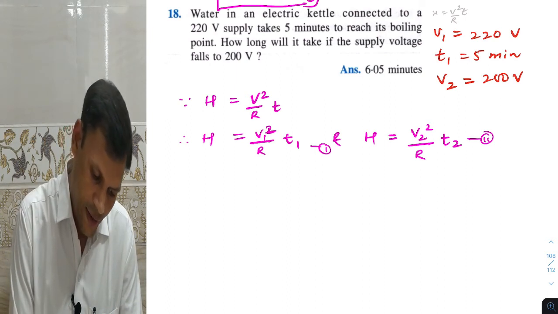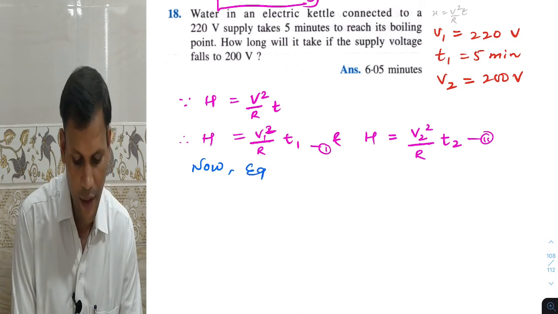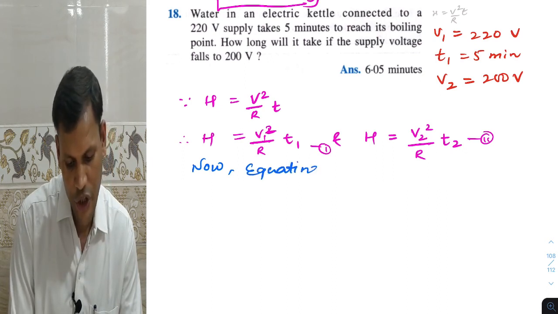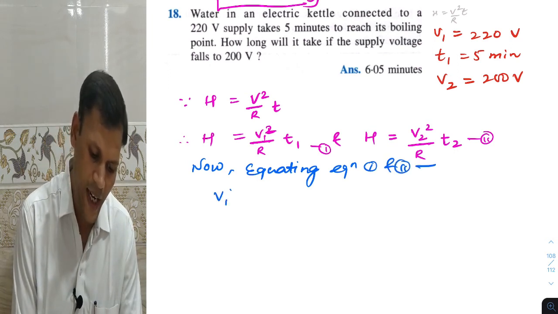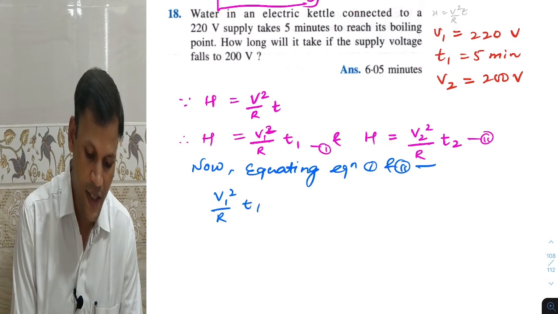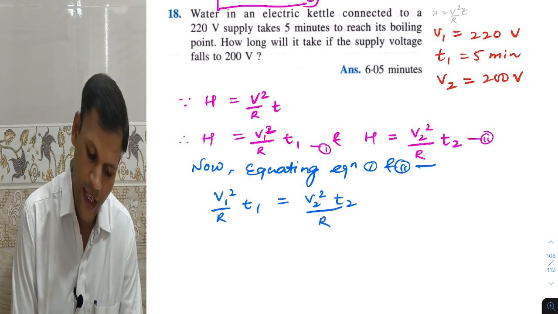So V1 square by R into T1 is equal to V2 square into T2 by R. R and R will get cancelled.